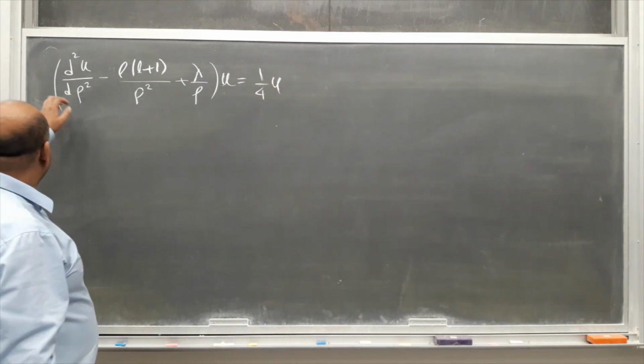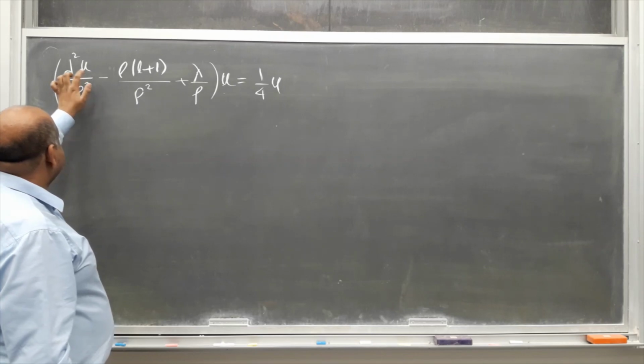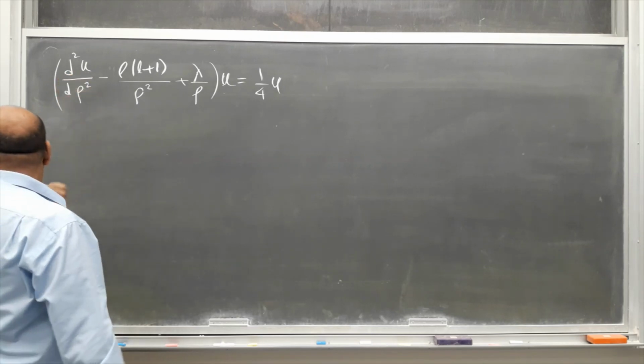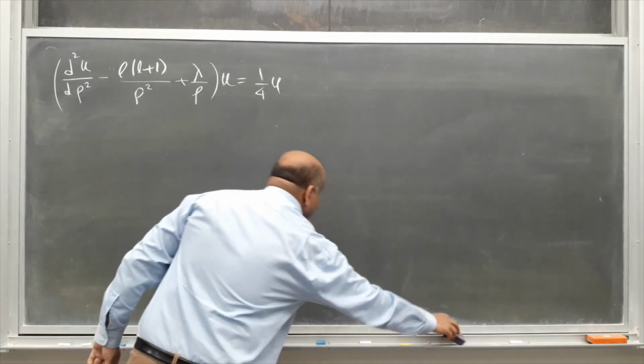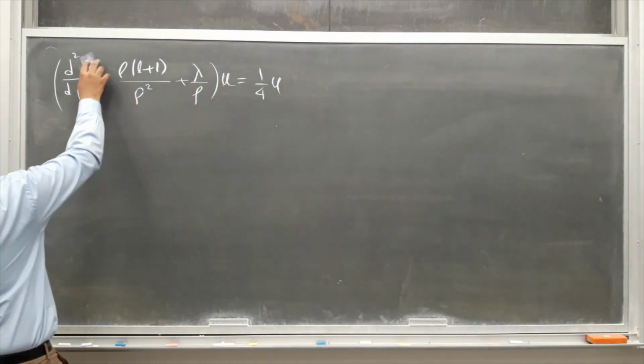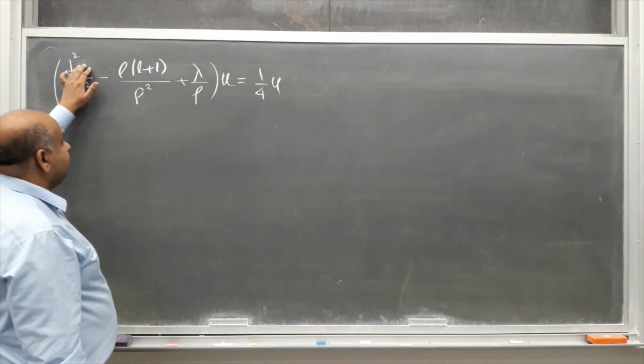Sorry, I just want to point out that on the previous board, I mistakenly wrote capital R here, but that was actually u. In fact, we don't even need u here because u is written all the way here. So that capital R written here is an error.